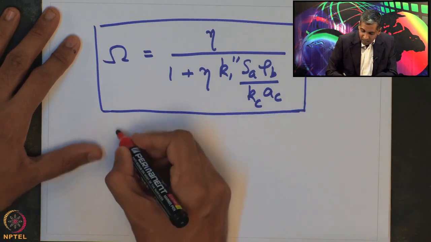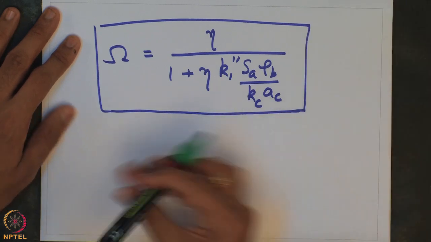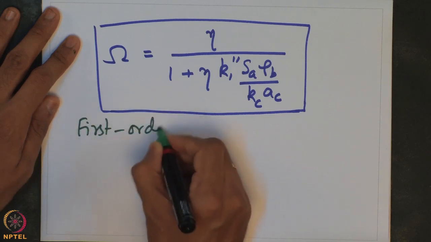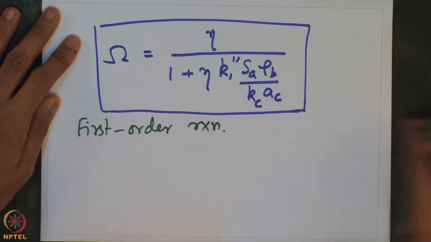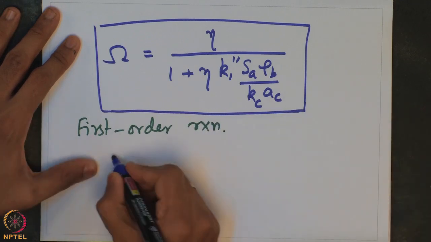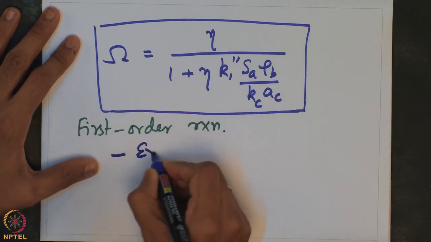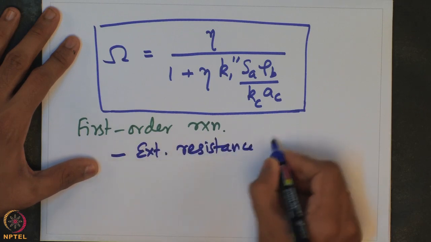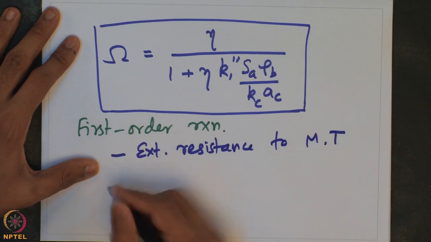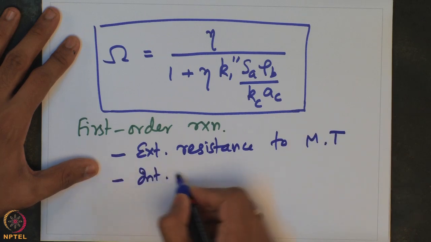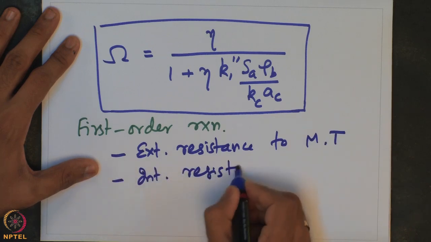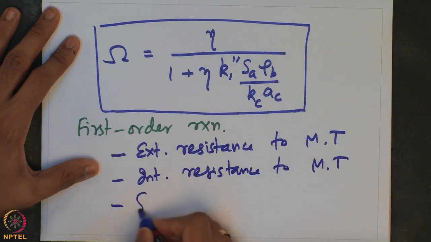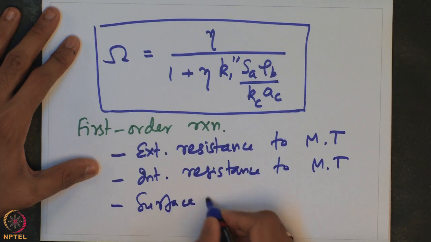Therefore, the overall effectiveness factor for a first order reaction accounts for the external resistance to mass transport, it accounts for internal resistance to mass transport, and of course, it also has the surface reaction terms.